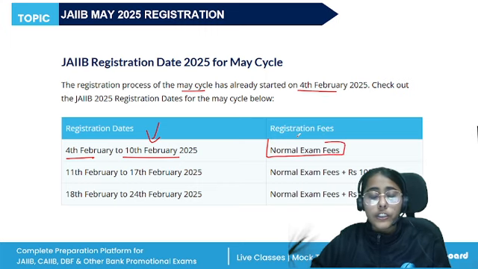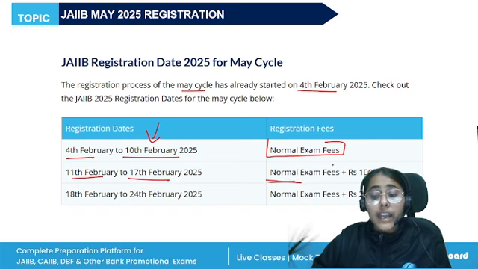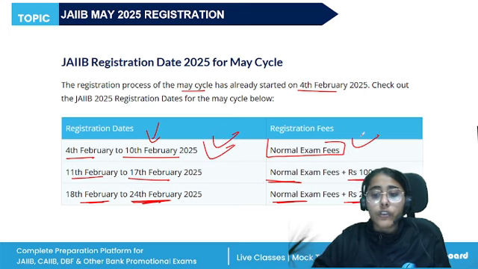If, however, you miss this time period and you register between 11th February to 17th February, then along with the normal exam fees, you'll have to pay an additional rupees 100. And then if you delay beyond that, from 18th February to 24th, you will have to pay the normal exam fees plus additional rupees 200. Although this amount of rupees 100 or 200 is not much, still we suggest that you register before 10th of February.